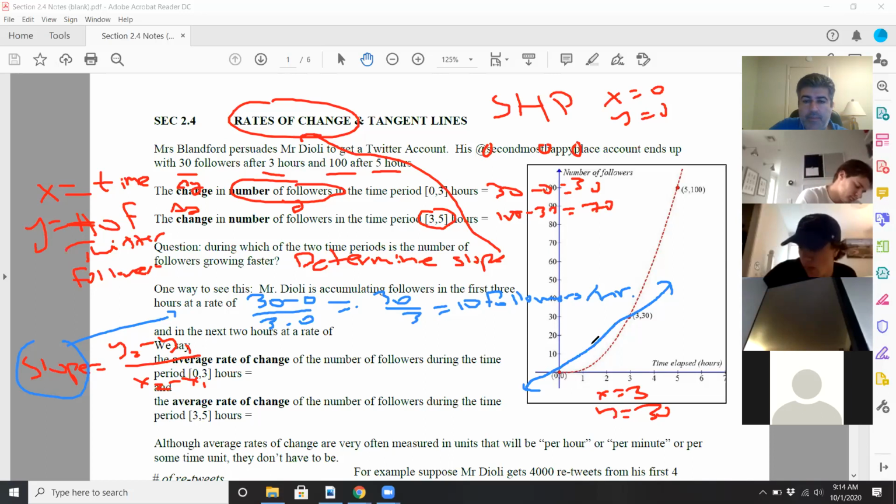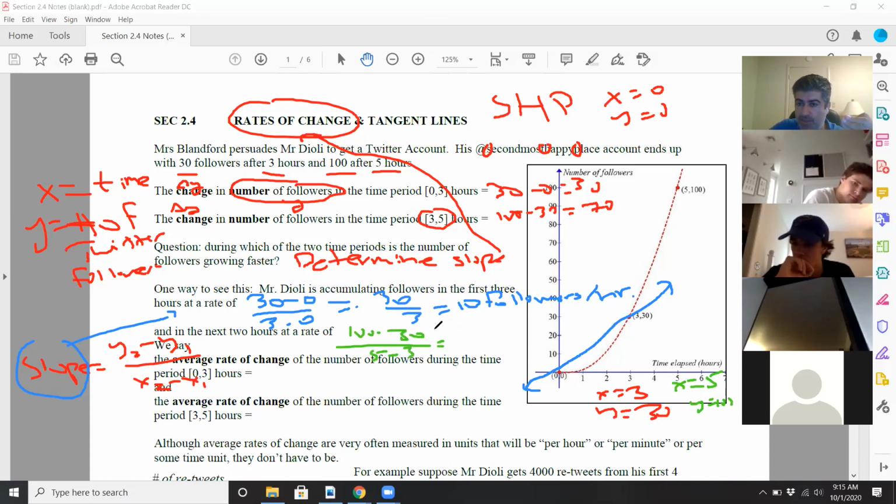So that's the rate. Now for the next 2 hours, between the third and fifth hours, what was that rate? Remember, at x equals 5, y is 100. So I'm doing 100 minus 30 over 5 minus 3. In that time period, he increased.